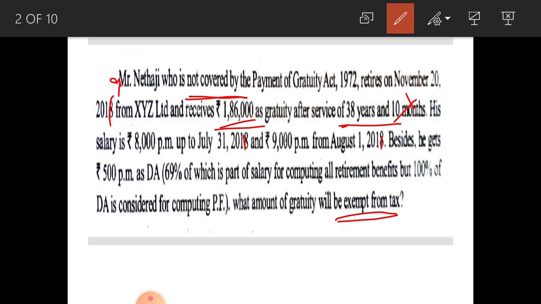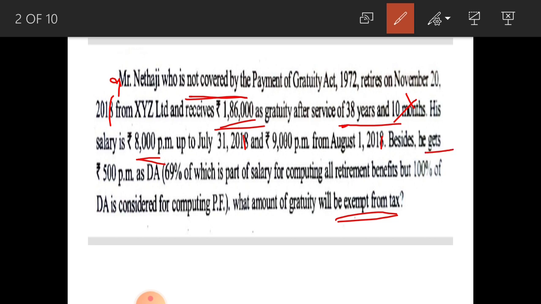From August, September and October, for 3 months his salary is 9,000 and for the rest of 7 months his salary was 8,000. Why? Because the increment of 1,000 was made in the month of August.